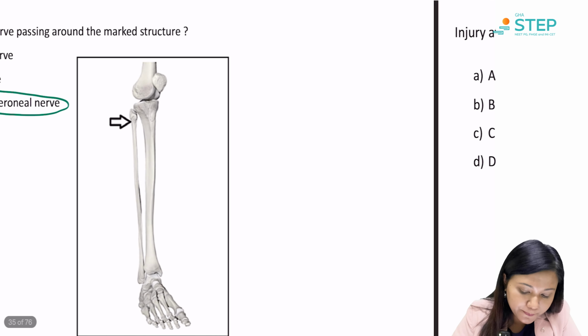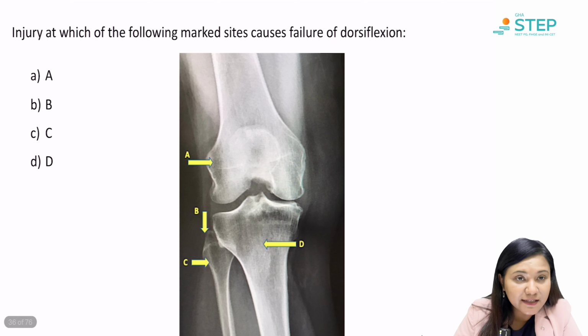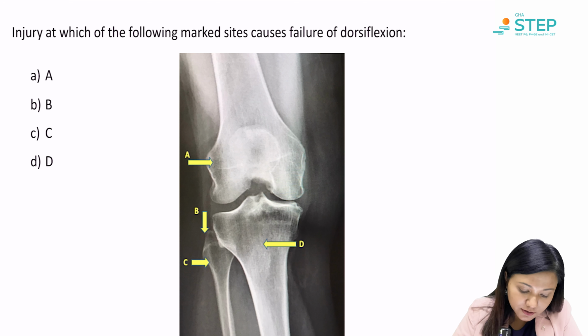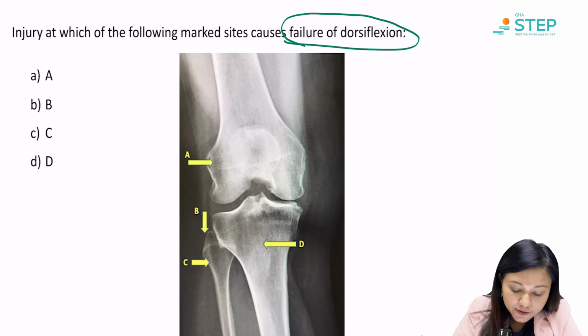Very easy question. Next question, they might ask the same type of question in an X-ray. They have asked injury at which of the following marked sites causes failure of dorsiflexion. Just now we have studied that failure of dorsiflexion is due to injury to the common peroneal nerve around the neck of the fibula.